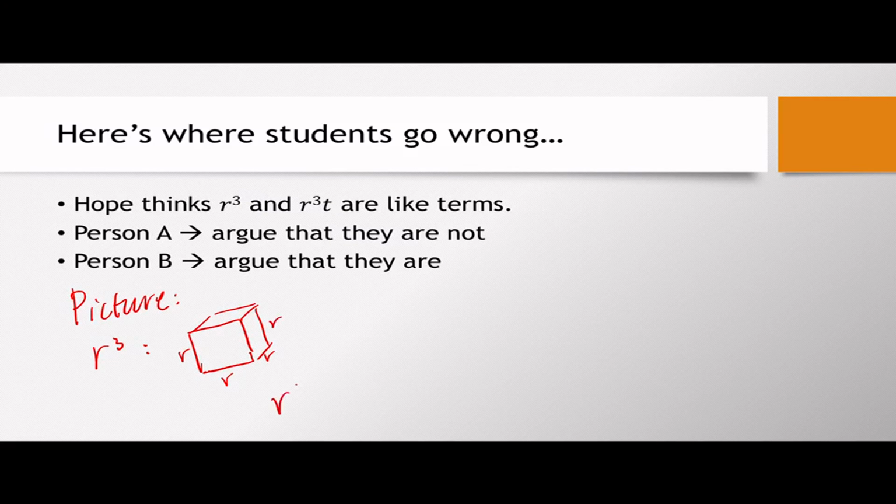Now r cubed t is an r cubed, but times t, which means that there's a fourth dimension. Not r cubed raised to the t, r cubed multiplied by t.